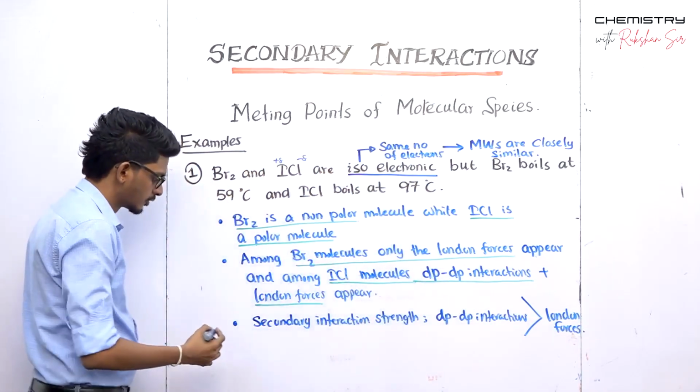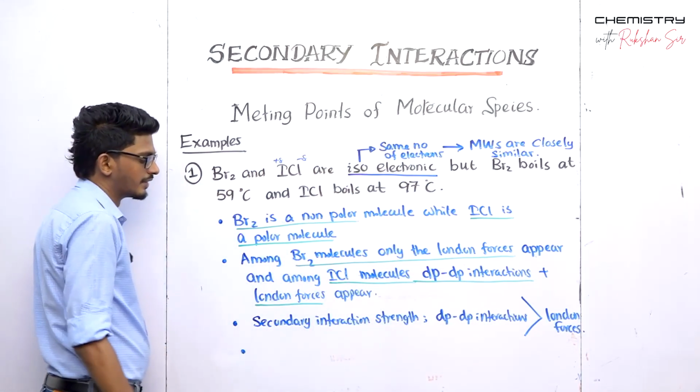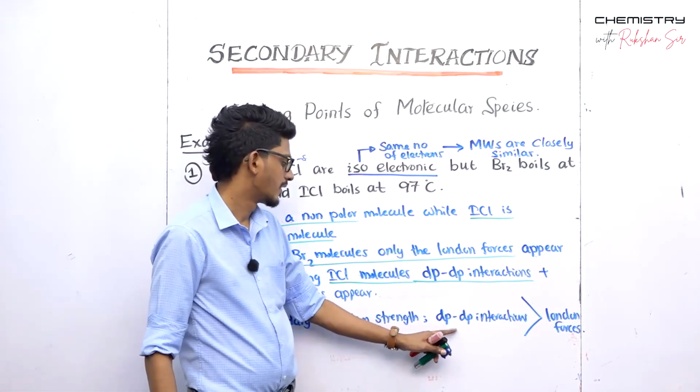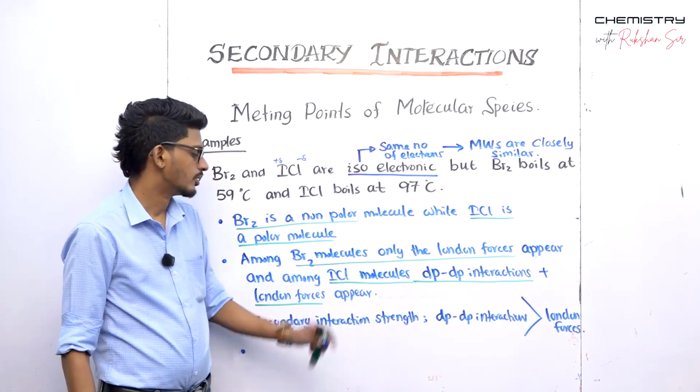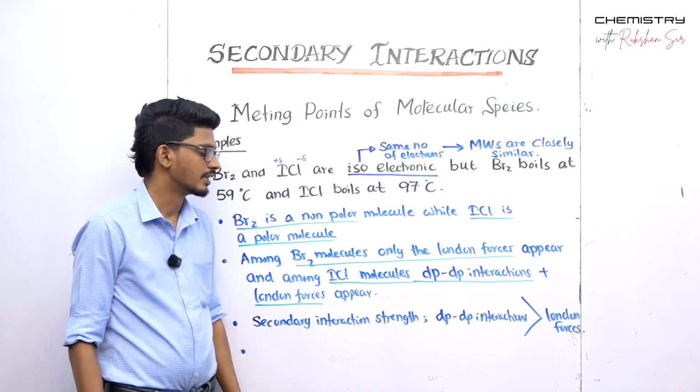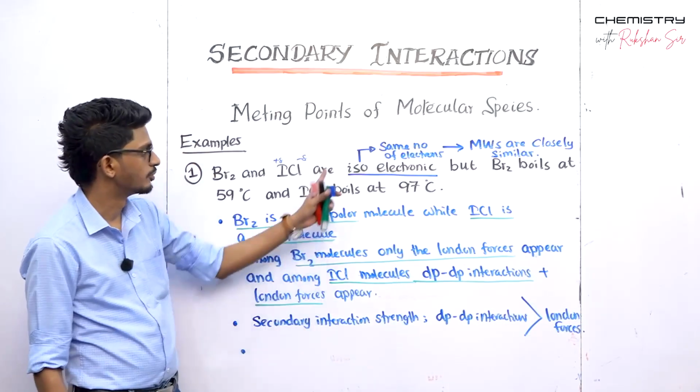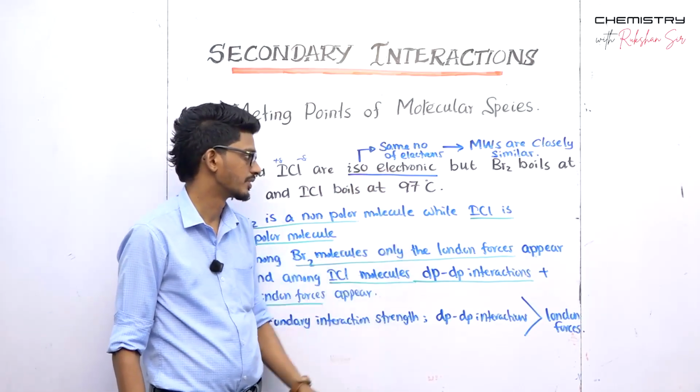So we can say the secondary interaction strength is greater with ICl molecules, so ICl has a greater melting point. That is what you observe. Greater melting and boiling points. That is what you observe.